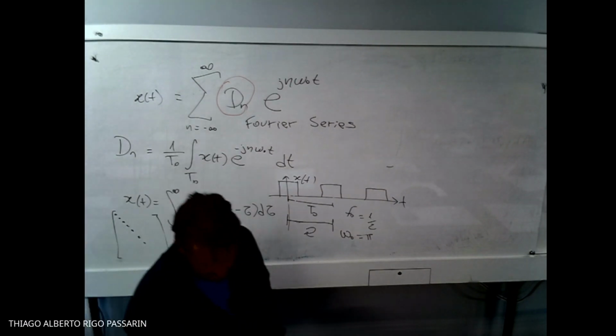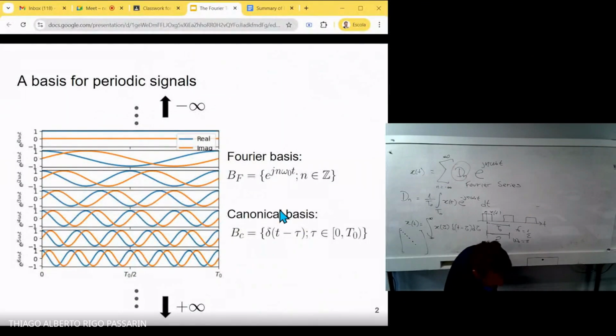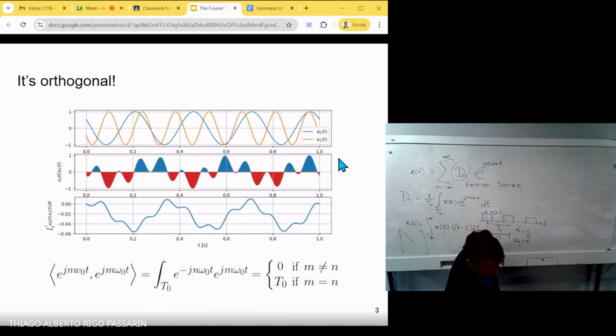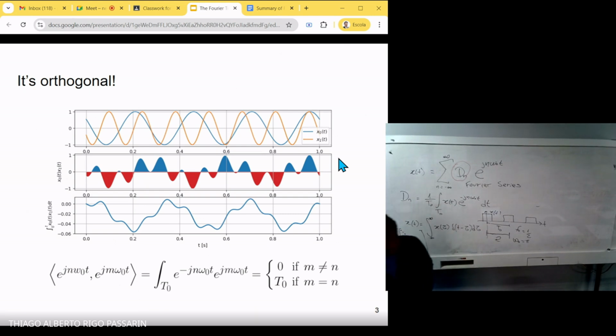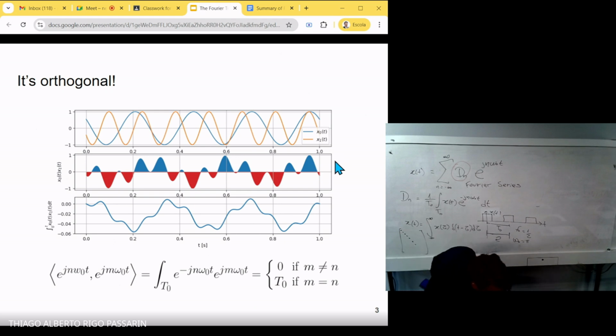We have the canonical basis, and now we're getting introduced to the Fourier basis, which works just the same. Well, we knew from this script that they're orthogonal. Then what we just did is this. We did the inner product.